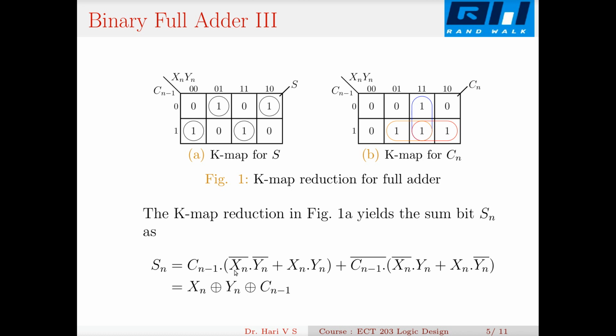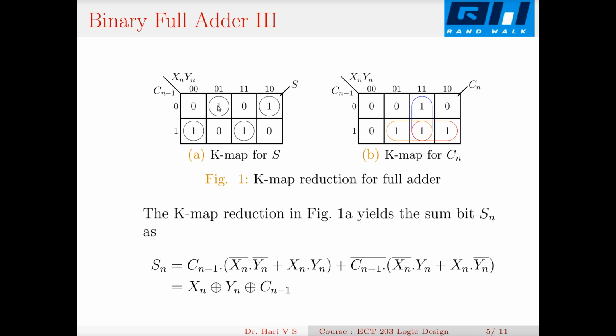The next minterm is cn minus 1 xn yn. So the cn minus 1 is taken out, and it becomes xn complement yn complement, or xn yn. This is nothing but xn xnor yn. This is cn minus 1 times xn xnor yn.